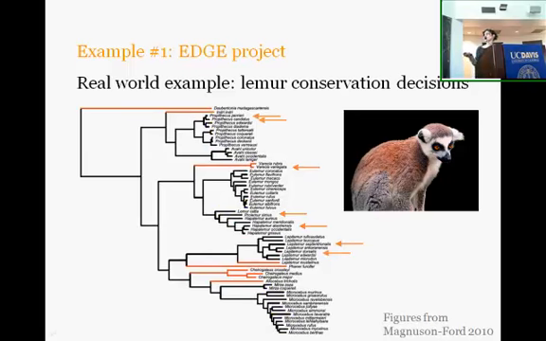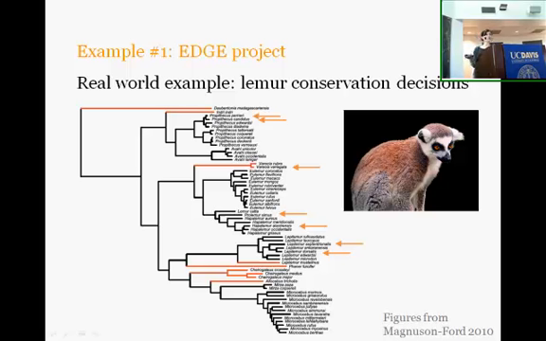So now you see the tree has these highlighted red lines, and these indicate the species that would be listed as highest priority if we were using this EDGE method. If we were taking the IUCN Red List rankings, but we were filtering them through a priority of prioritizing evolutionary diversity, not just species that are declining the most quickly.